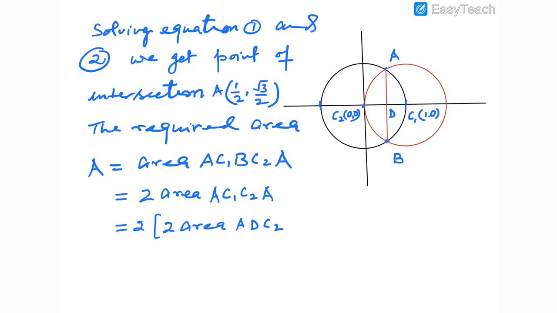Since this area is symmetric about the x-axis, we write 2 times the area AC1C2A. And this area is also symmetric about the line AB, so we write 2 times area ADC2A. So finally we have 4 times area ADC2A.